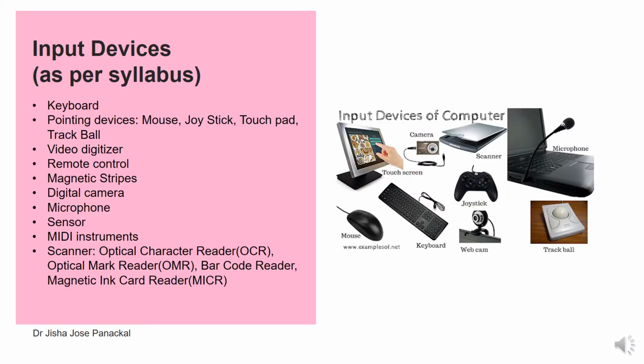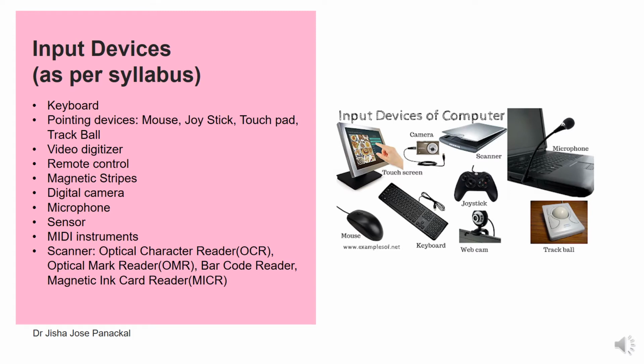These are the input devices we need to understand: keyboard, and we have to see the pointing devices such as mouse, joystick, touchpad and trackball, then video digitizer, and we all know what a remote control is, then magnetic stripes, digital camera, microphone, sensor, MIDI instruments, that is an interface for musical instruments.